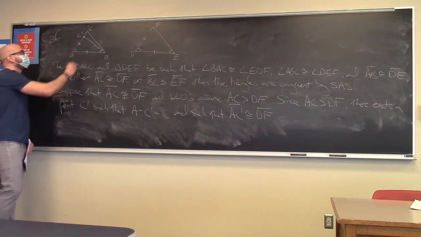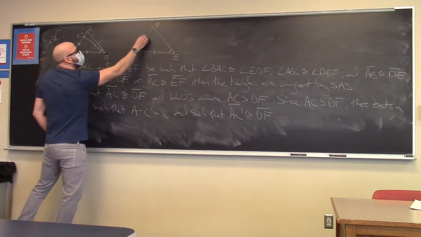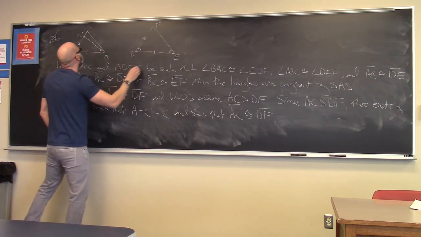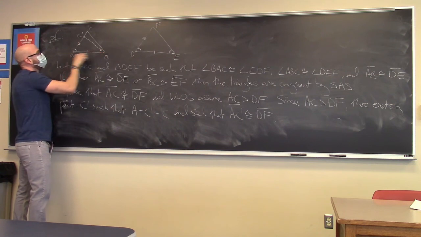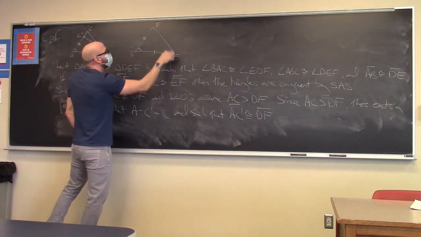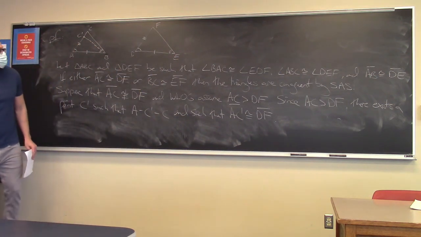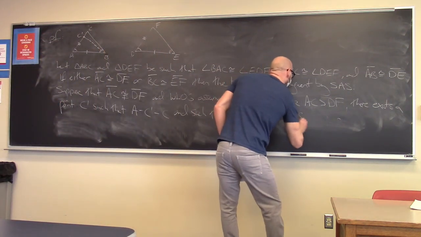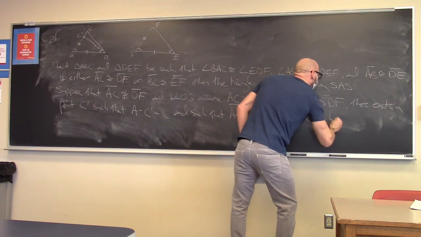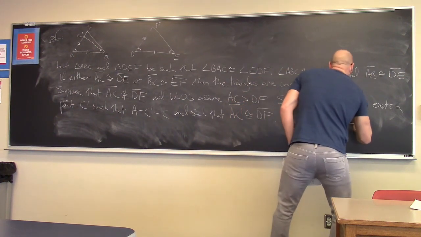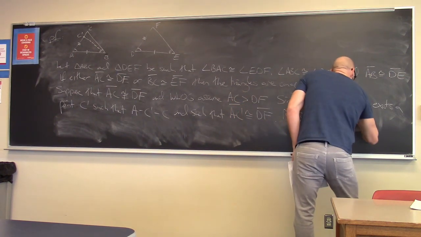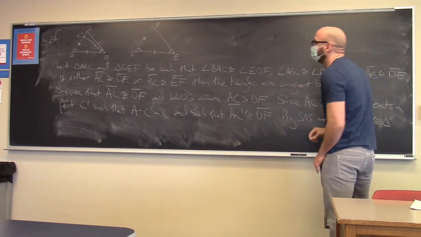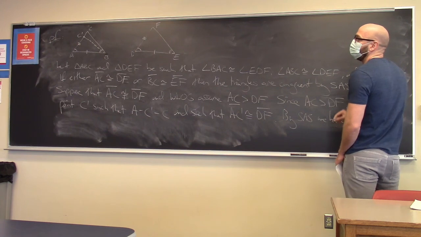This side is the same as this side. This angle is the same as this angle. This side is the same as this side. So ABC prime must be congruent to DEF by SAS. So by SAS, we have that this triangle ABC prime is congruent to this triangle DEF.